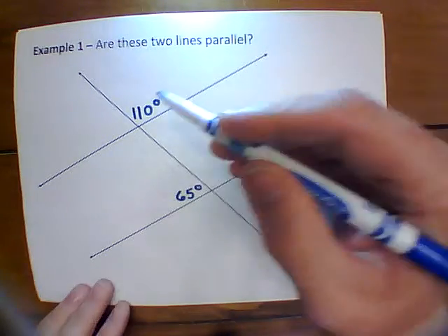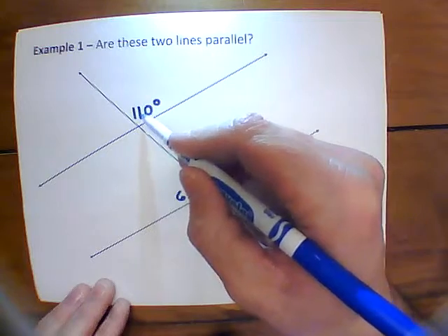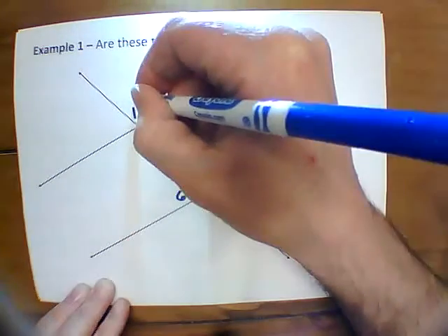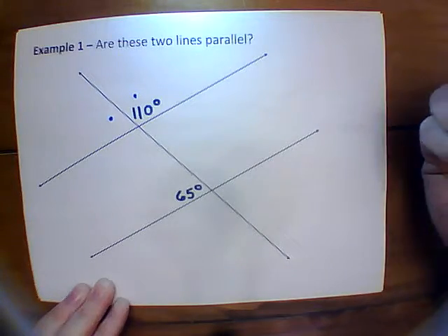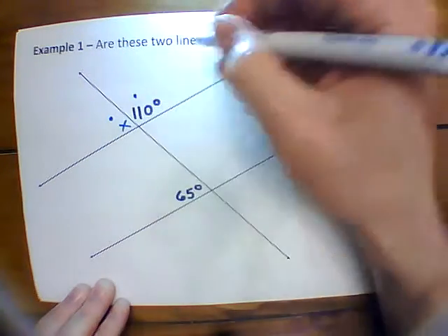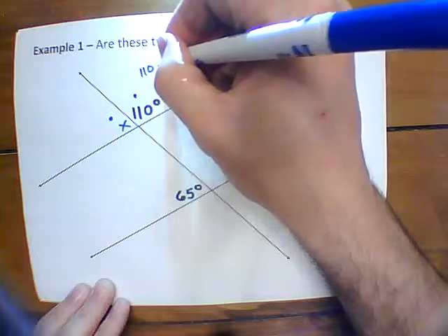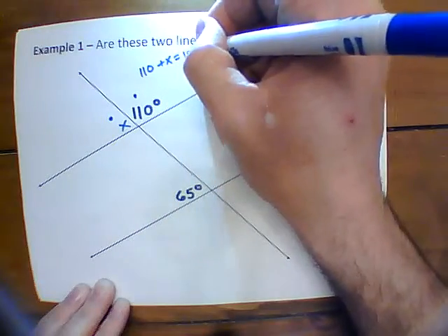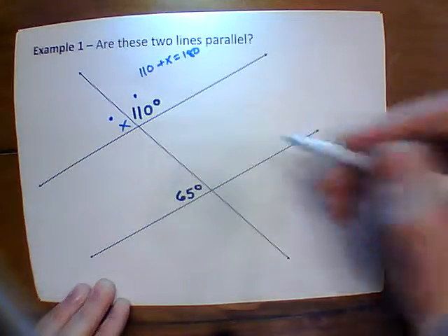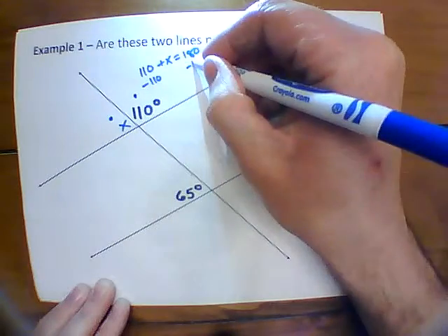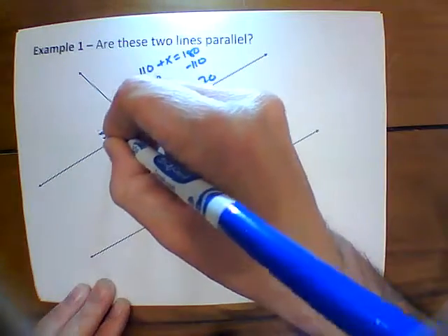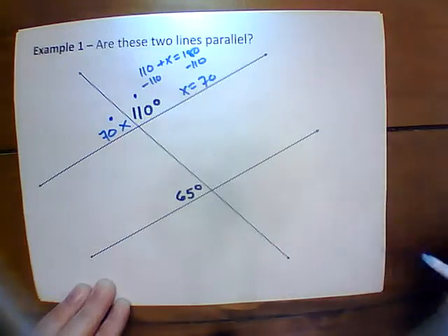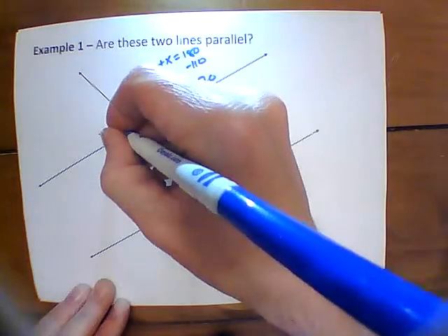So one thing we can use is if this angle is 110, we know that this angle right here and this angle right here form a linear pair, which means they add up to 180. So if this angle is x, we know that 110 plus x equals 180 because they form a linear pair. If I subtract 110 from both sides, I figure out that x equals 70, which means this angle right here, which I've called x, is in fact 70.